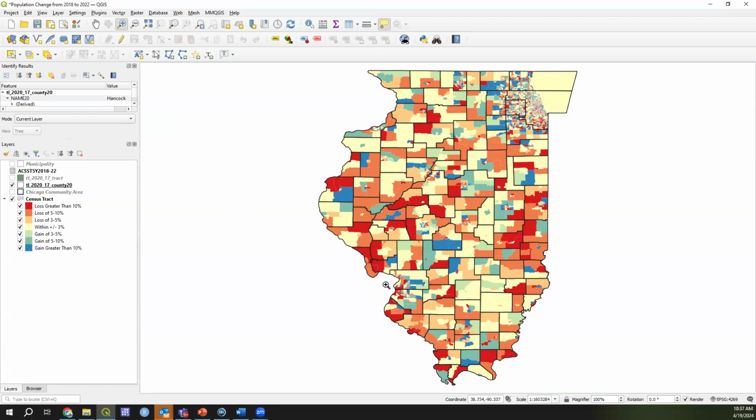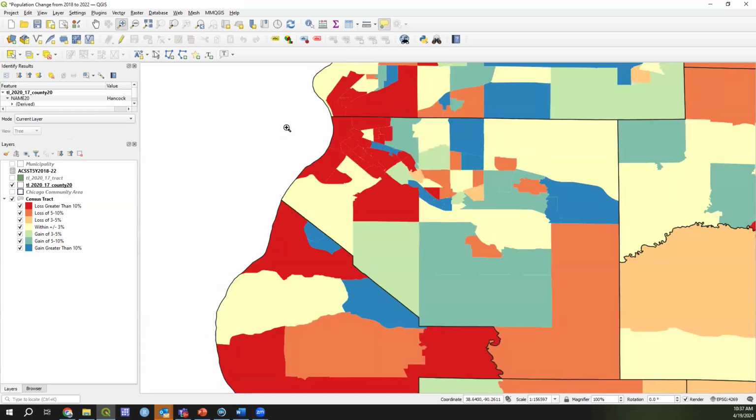Whereas if you go all the way to the polar opposite side of the state, in St. Clair County, where East St. Louis is, and up here on the other side of the river is St. Louis, and this is East St. Louis, there seems to be a great deal of population loss there.